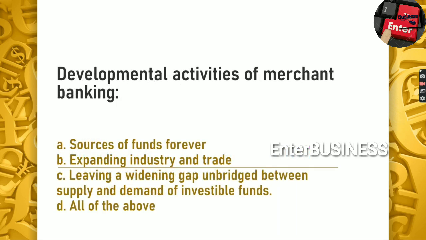And the next one is, developmental activities of merchant banking. Option A, source of funds forever. Option B, expanding industry and trade. Option C, leaving a widening gap bridged between supply and demand of investable funds.